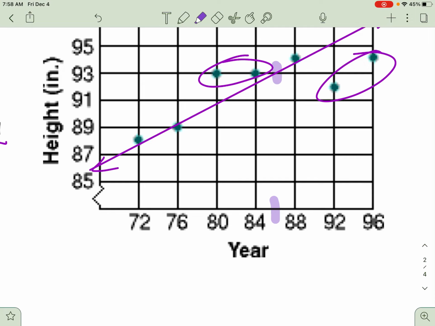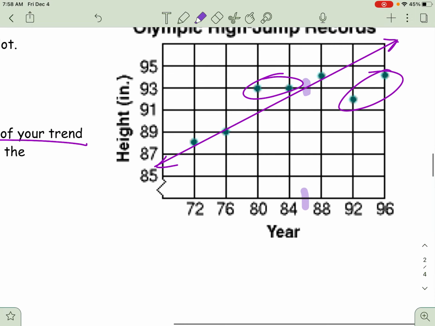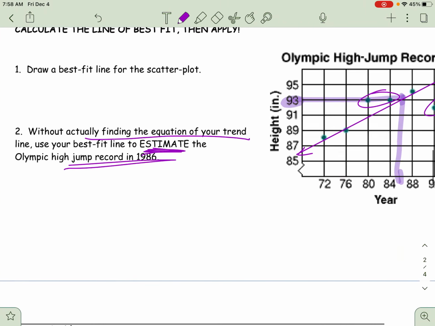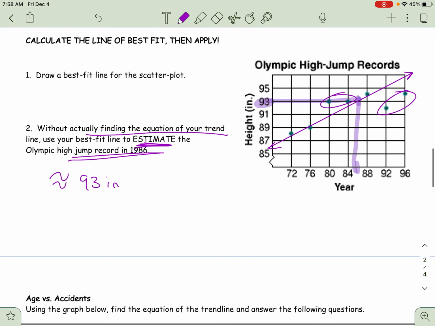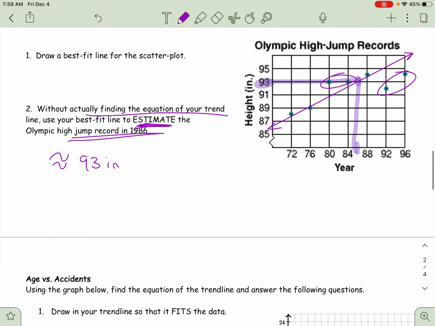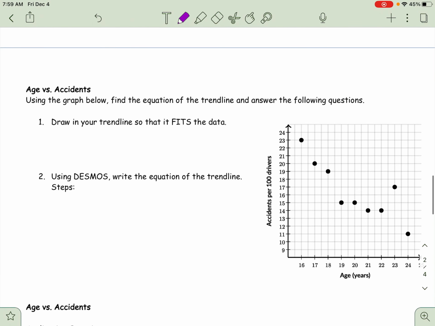It looks like that would be roughly about 93 inches. That would have been the high jump record in 1986. So we can use that to predict and average out data. All right, so let's continue on.